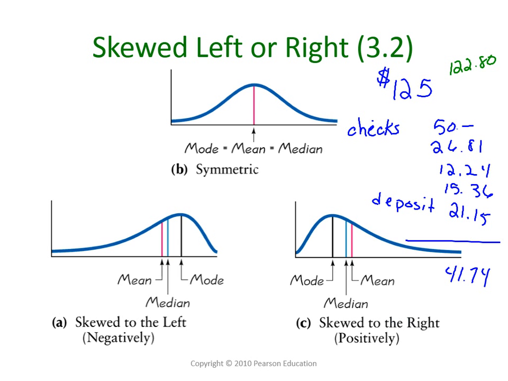So as you look at doing this, having that approximation made a big difference in our answer. Saying that it's around $125 really made a big difference in what we've got. Since it's around $125, we've rounded to that 125.